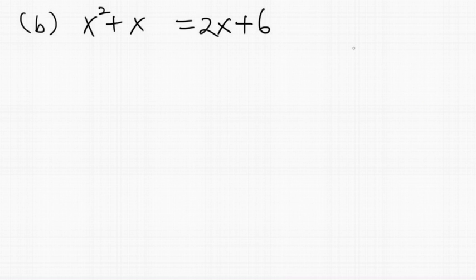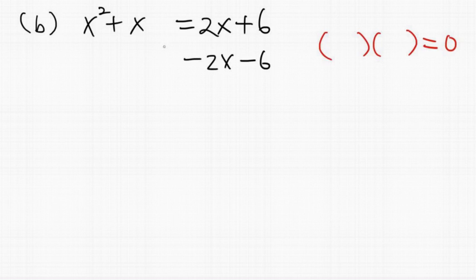So we're going to use the same idea for this example. To use the same idea, we have to turn the equation into the same form: a factored polynomial on the left-hand side and 0 on the right-hand side. So to put 0 on the right-hand side, what you're going to do is subtract every term of the right-hand side from both sides of the equation.